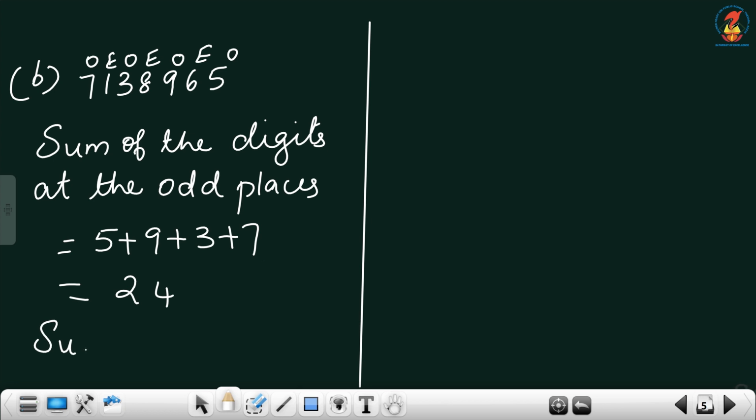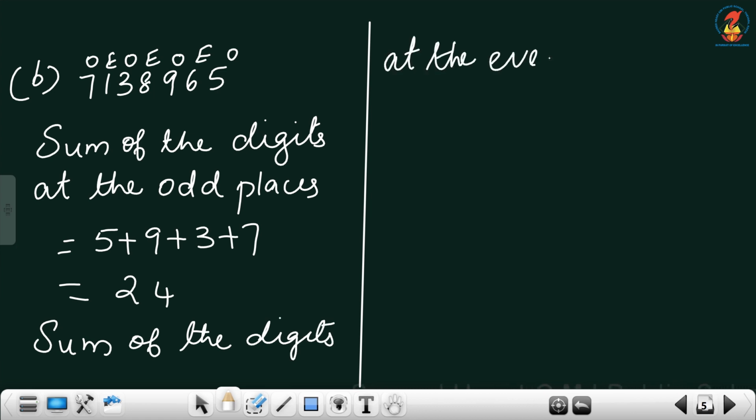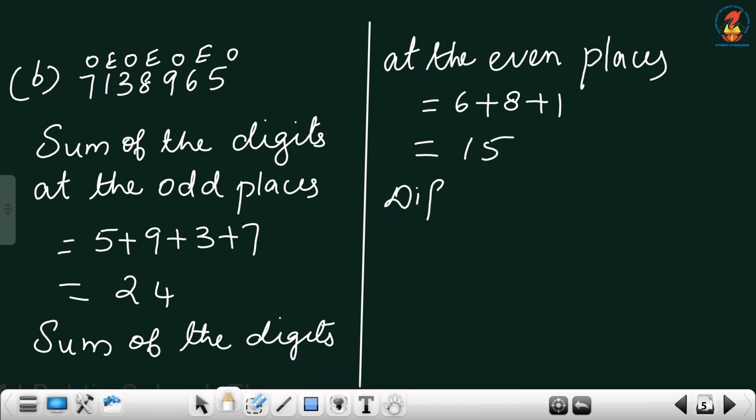Then the sum of the digits at the even places is equal to 6 plus 8 plus 1. So it is 15. Check the difference: 24 minus 15, which is equal to 9.